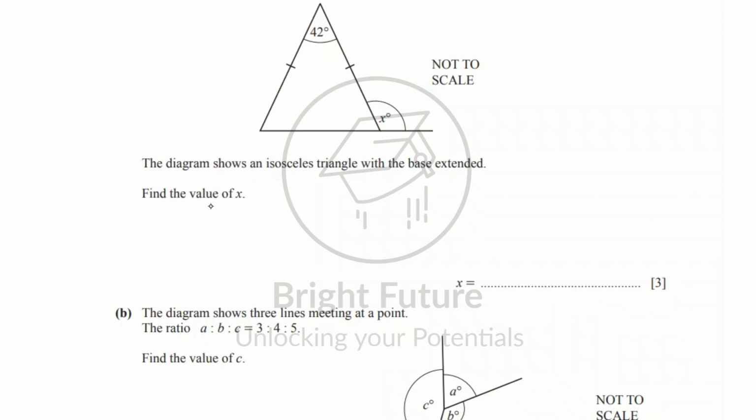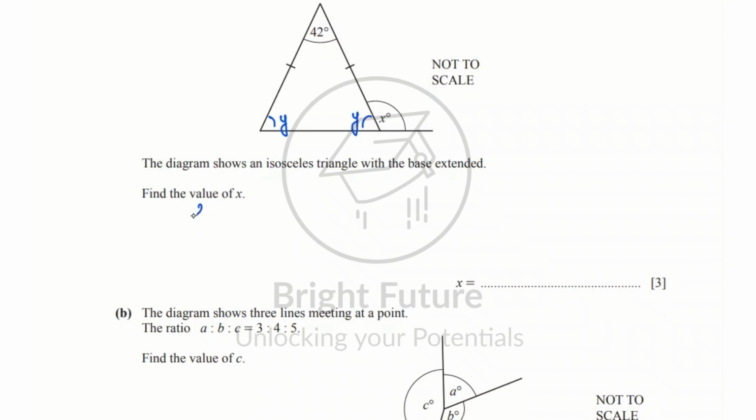So simply, first we'll find these values to get this external value. Let these be, for example, y. Since it is an isosceles triangle, the base angles will be the same.